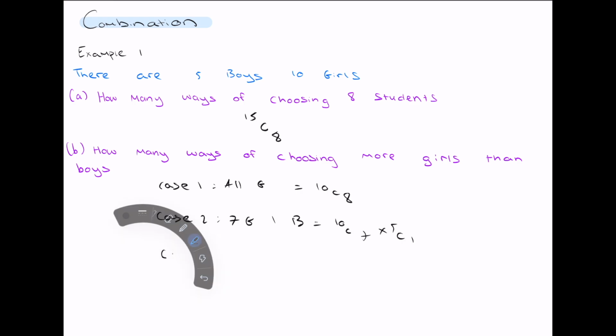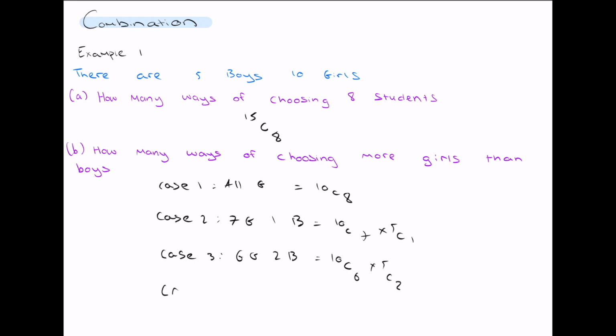Case 3 is 6 girls, 2 boys: 10 choose 6 times 5 choose 2. And finally, in case 4, we have 5 girls, 3 boys, and we get 10 choose 5 times 5 choose 3.